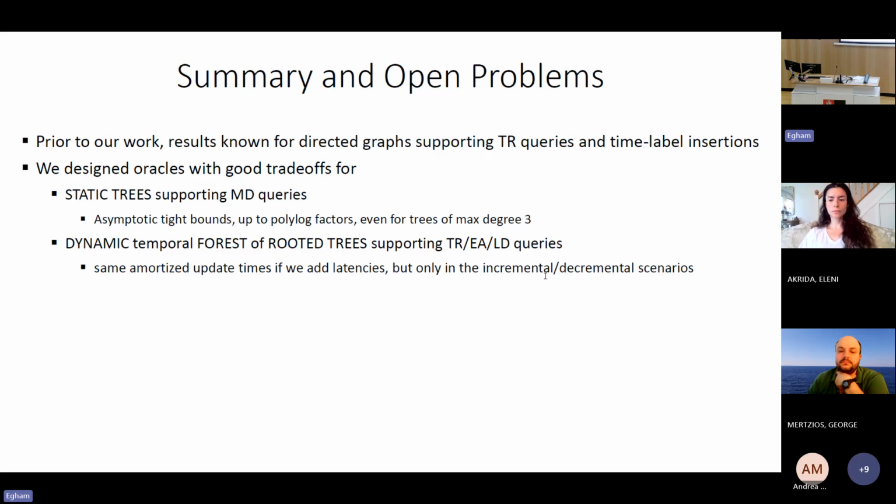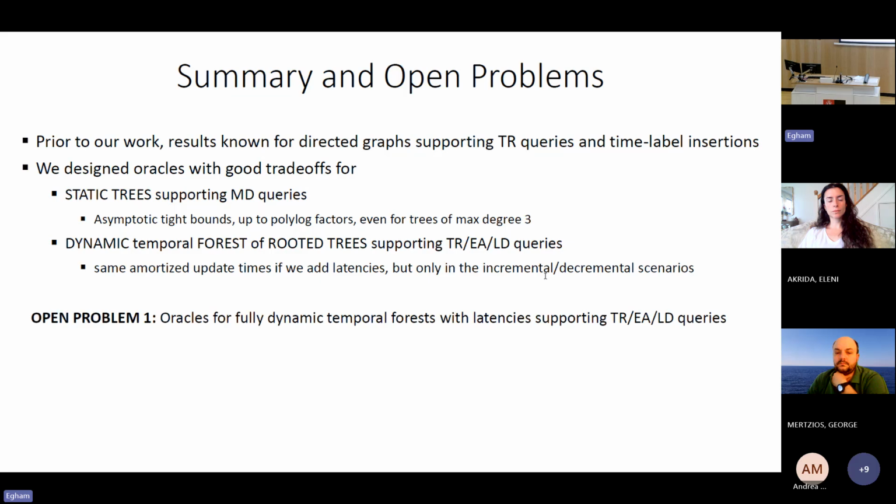I mentioned that we can extend these trade-offs if we add the latencies, but only in the incremental and decremental scenarios. And so, as you can see, there is a lot of work to do for the problem of designing data structures that maintain information about temporal paths in both static and dynamic temporal graphs.